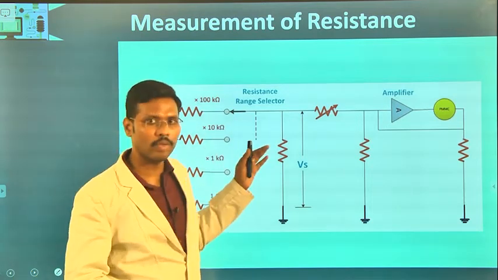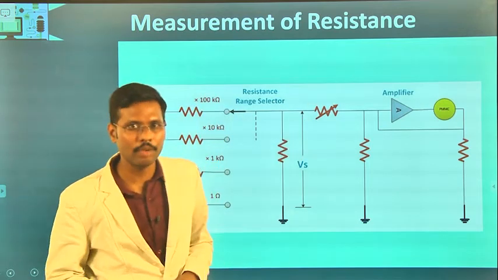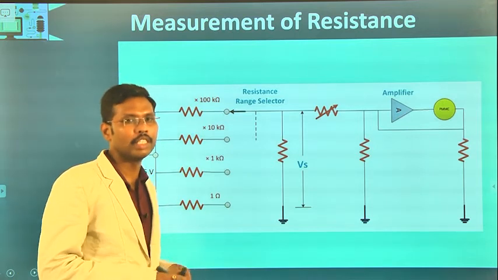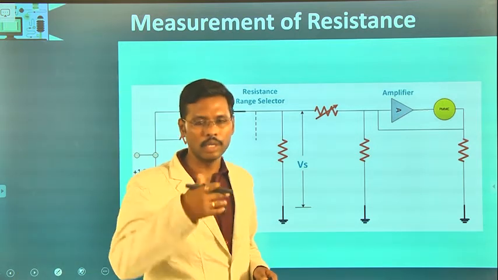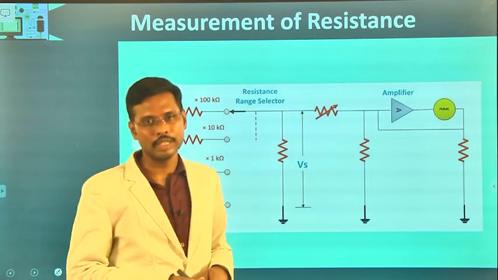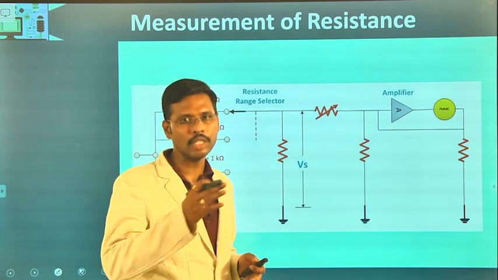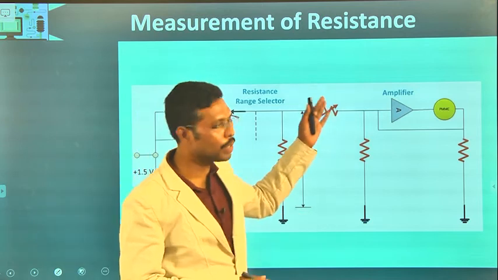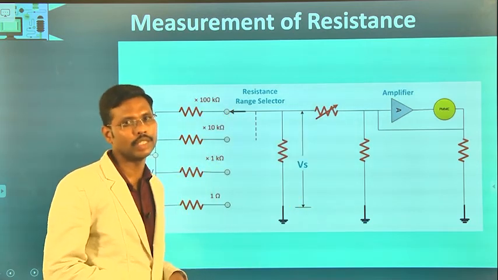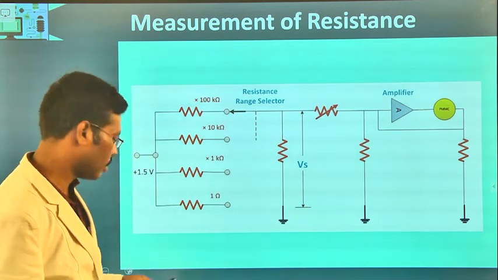That voltage drop value is given as input to the amplifier, and the amplified signal is given to the PMMC meter, which is designed in such a way that it takes the input as voltage and the output scale will be in terms of resistance, in ohms. So, for the corresponding input voltage signal, the output display will be in ohms, which is the unit for resistance. In this way, we can measure unknown resistance using the digital multimeter.